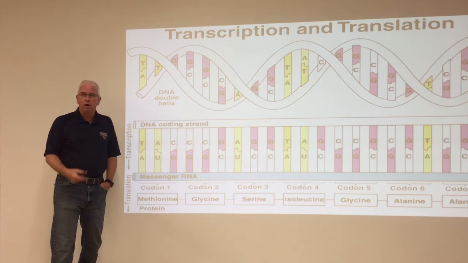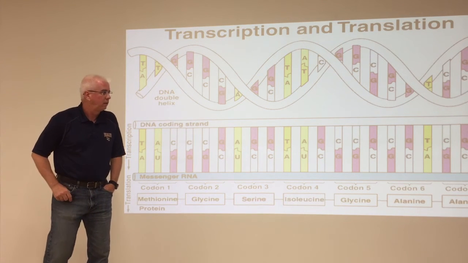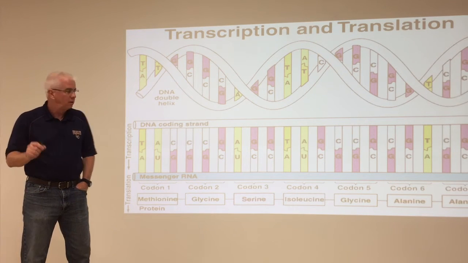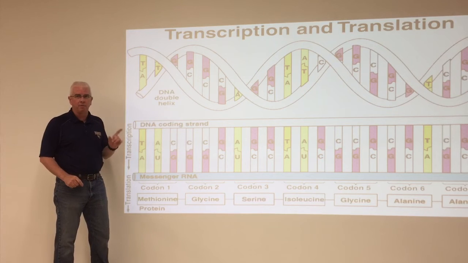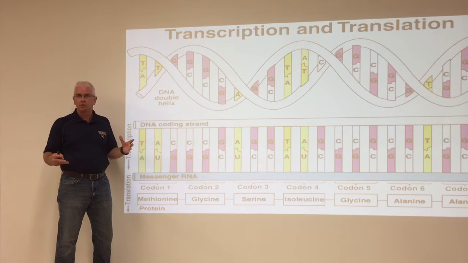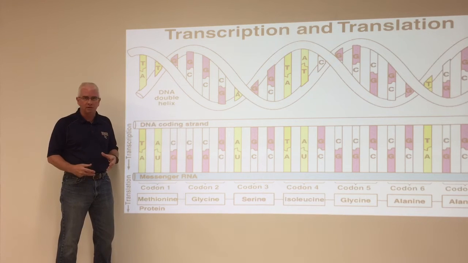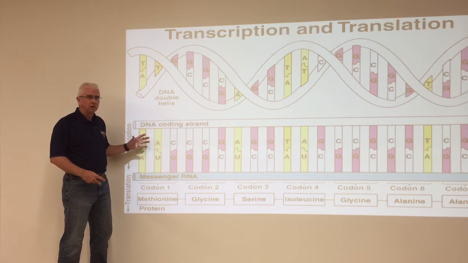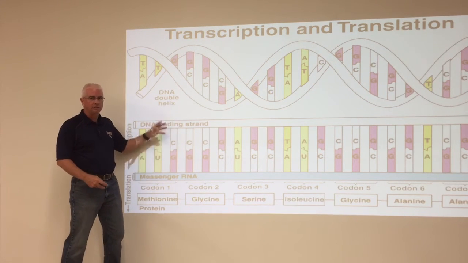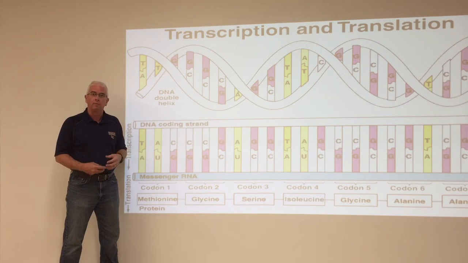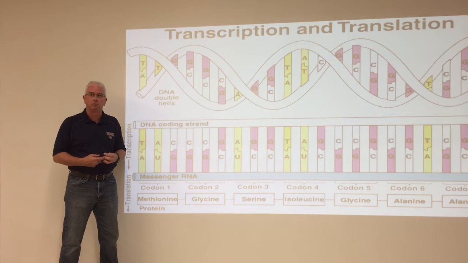Now, before I leave this slide, let me say one more thing. If something happens in the replication process, building new cells, or if something happens in the nucleus so that one of the nucleotides that gets added, or more, is the wrong one, that is called a genetic mutation.